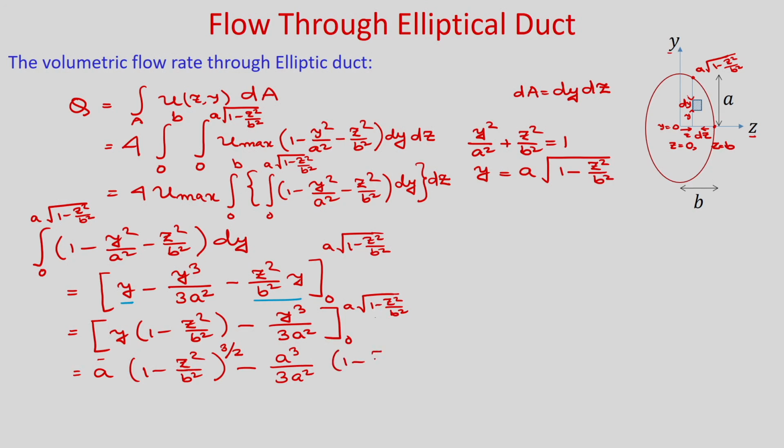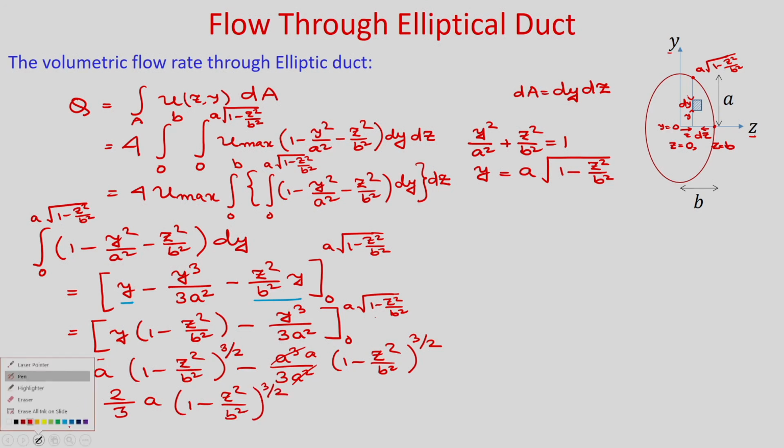So, this a will be here, and from here it will be a by 3 and a, that means it will be 2 by 3, right. So, it will be 2 by 3 a times 1 minus z square by b square to the power 3 by 2. So, now we have evaluated this term, which is 2 by 3 a times 1 minus z square by b square to the power 3 by 2.